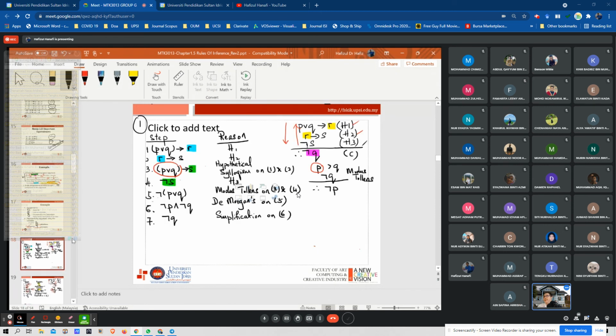Okay, step 1, we have P or Q implies R, hypothesis 1. And then R implies S, okay, hypothesis 2. And then we have a hypothetical syllogism on 1 and 2 implies S, and then H3 is negative S. And then modus tollens on 3 and 4, and then De Morgan on 5 and simplification on 6.